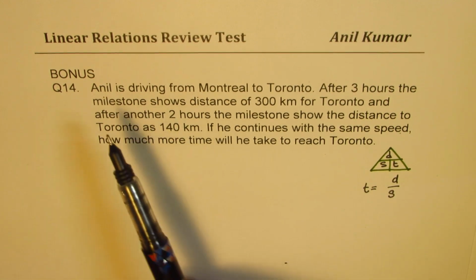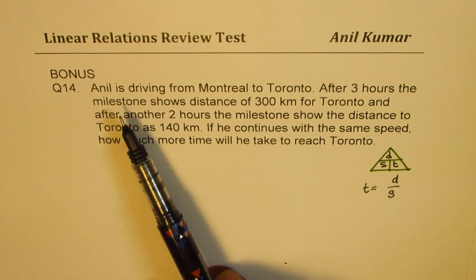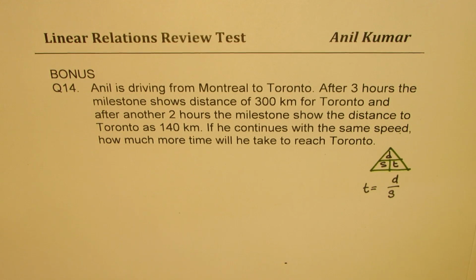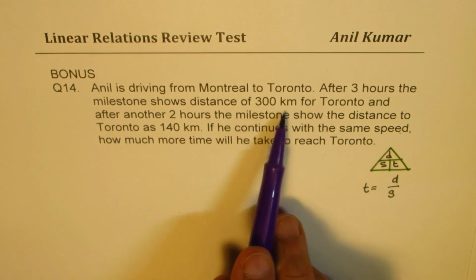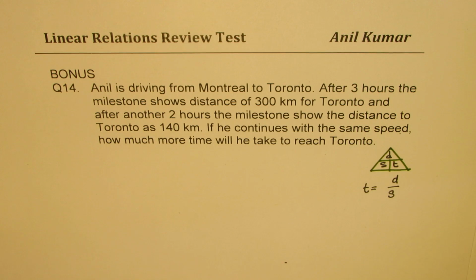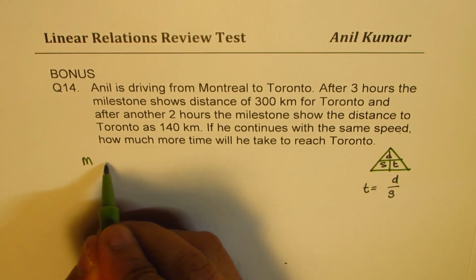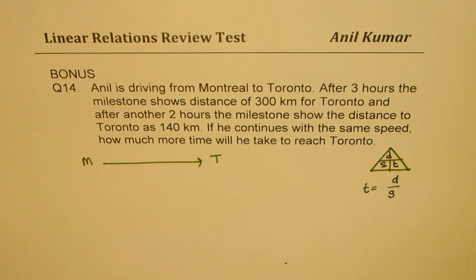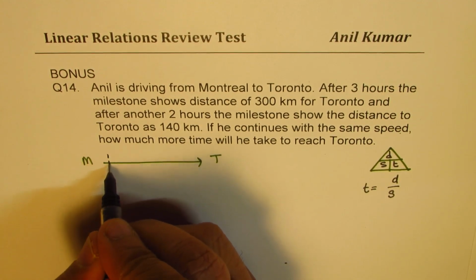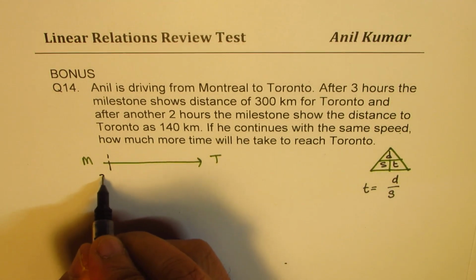Now, let's read the question carefully. Anil is driving from Montreal to Toronto. After 3 hours, milestone shows a distance of 300 kilometers for Toronto. So that really means that we are approaching, right? So this is Montreal for us, and we are approaching Toronto. So after 3 hours, the distance is 300 kilometers.